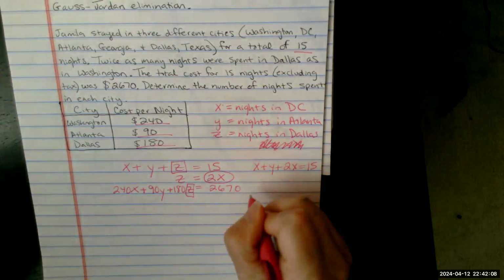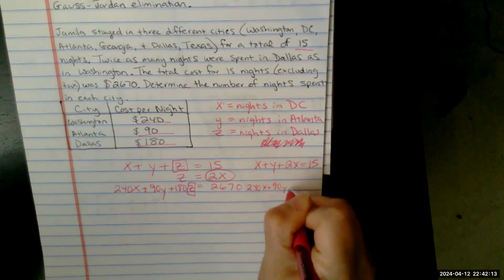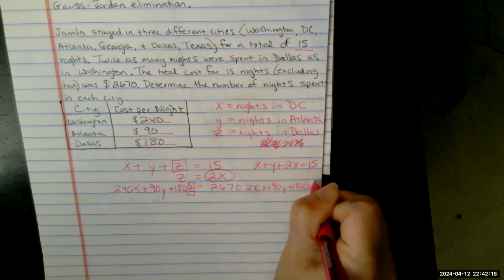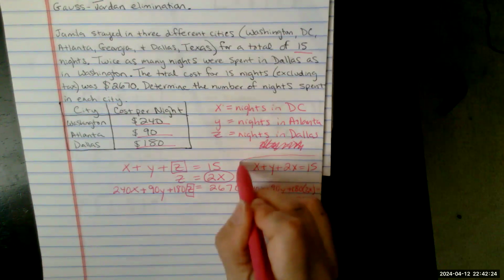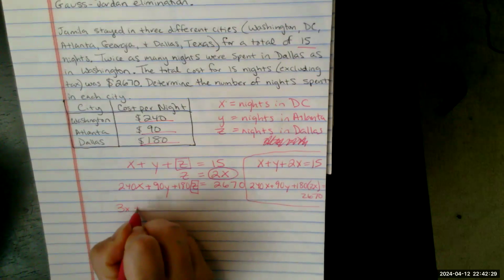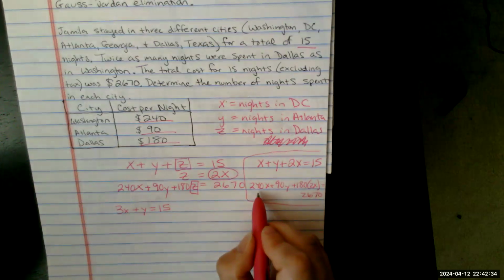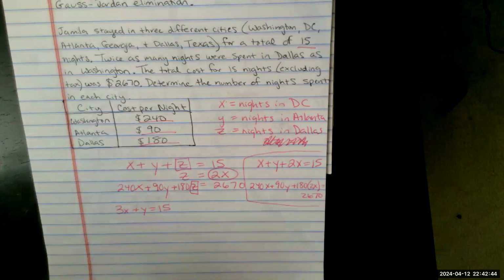And the last line becomes 240x plus 90y plus 180 times 2x equals 2,670. So let me just simplify these and make them a little nicer. 3x plus y equals 15 is one equation. And 240 plus the 180 times 2 is 600.